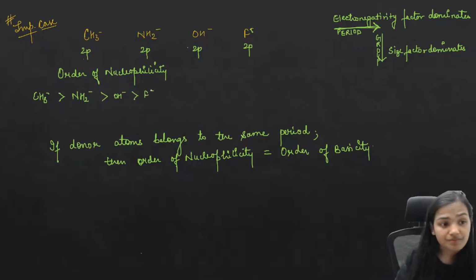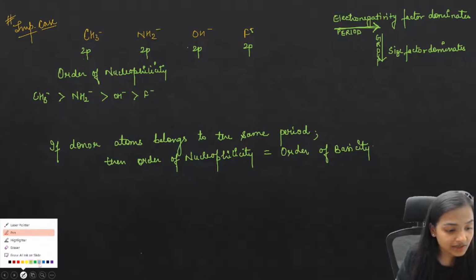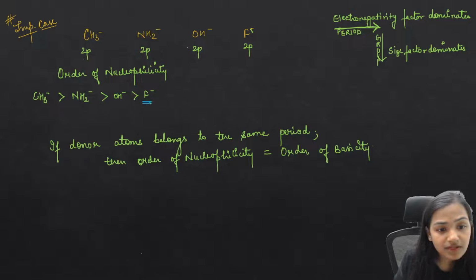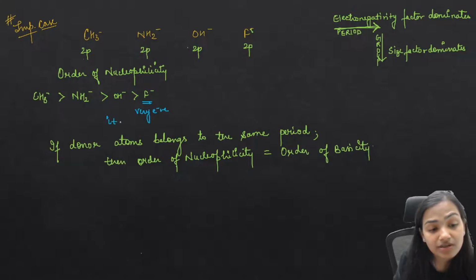Why? Because it is less electronegative. Ultimately, this fluorine is very electronegative. That's why it will hold the electrons more tightly.